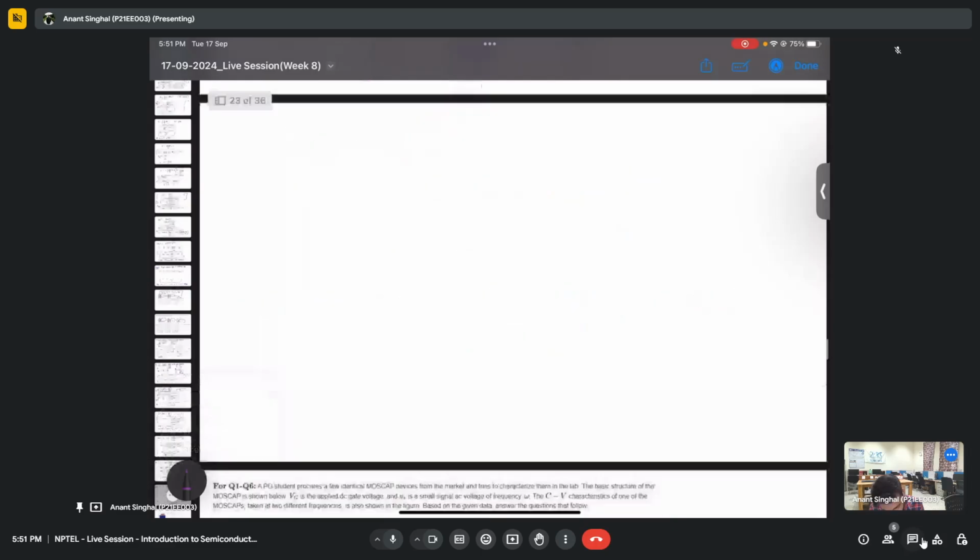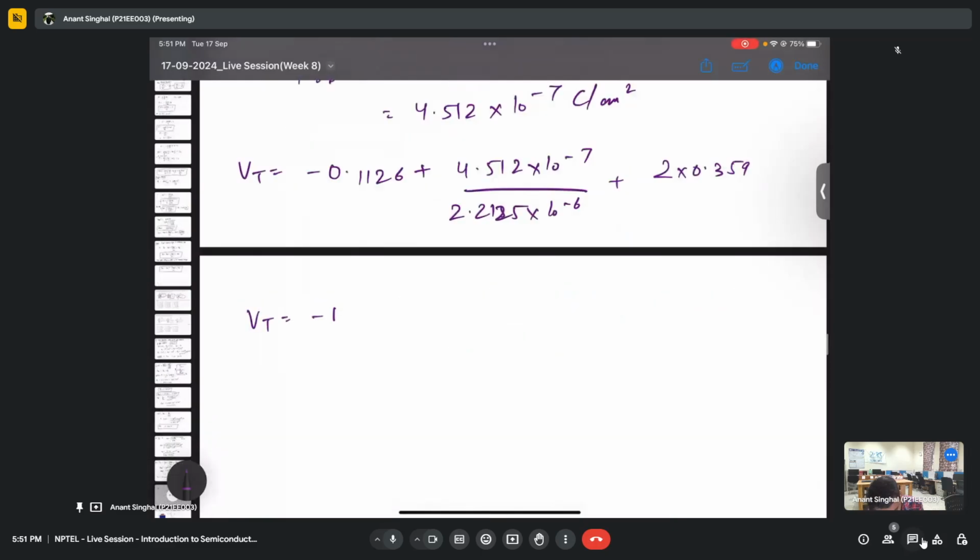So this is simple, I guess. So this is minus 0.1126 plus this will be minus 1. So it will be how much? It is almost twice. So twice means it will be 0.204. Sorry, 0.020.